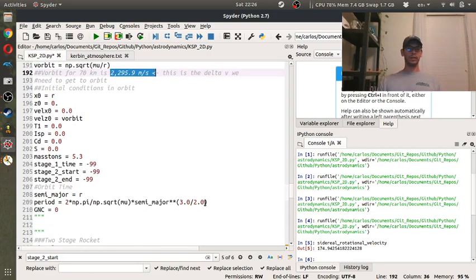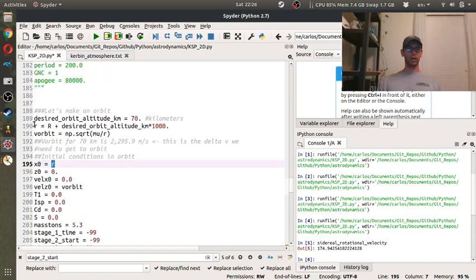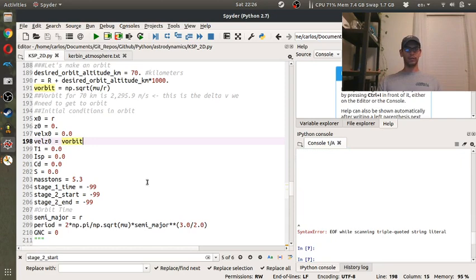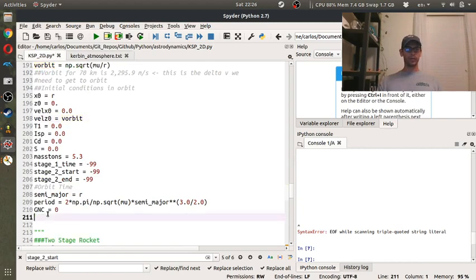So let's see if this works. If I put the initial position at r, where r is the radius of the planet plus the desired orbit, and then I put the velocity using this equation here, that velocity of the orbit, all of this doesn't matter. If I run this, whoops, F5, not the number 5. EOF scanning, there's a triple quote issue, here we go.